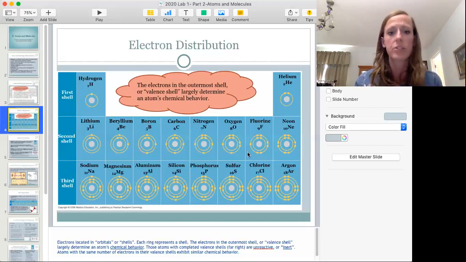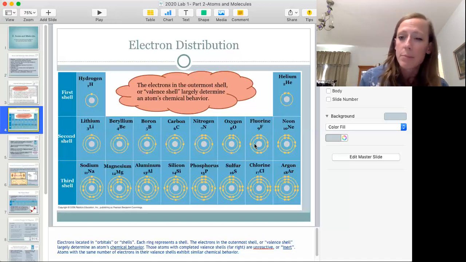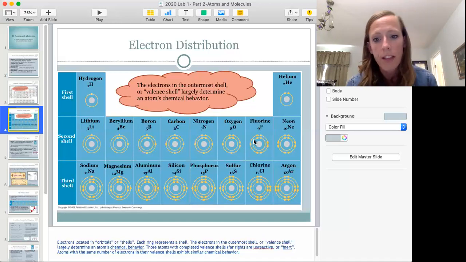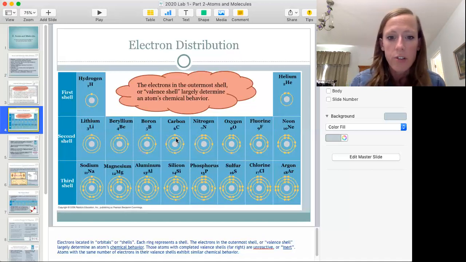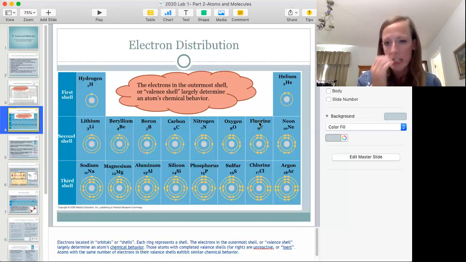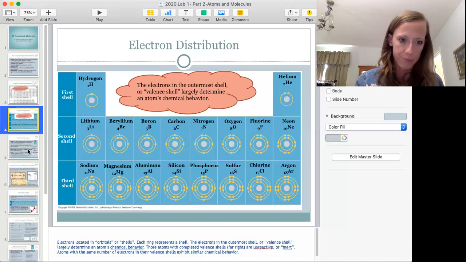So that's how that works. And I tell you all this to demonstrate how a lot of reactivity happens between the elements that have atoms with mostly empty or mostly full valence shells. The inner shells don't really have much to do with how the atom functions. It's really the valence shell, the outermost shell, that determines the chemical behavior then.